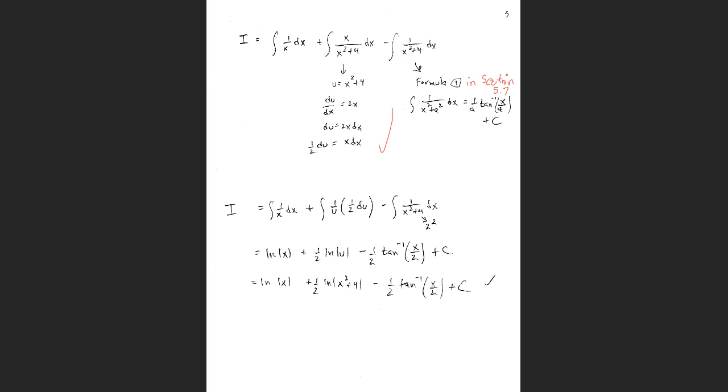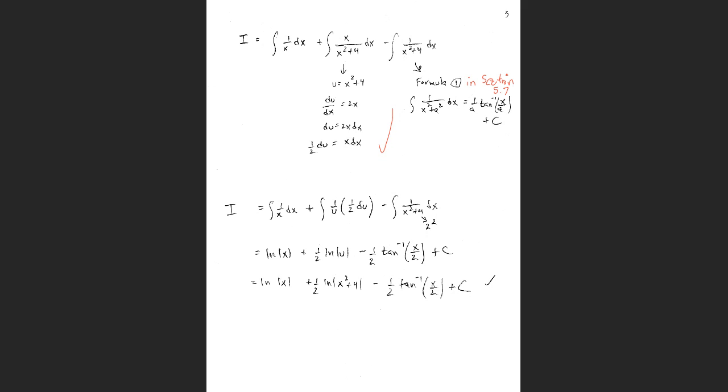It's formula 1. It's there in the book, if you look in your ebook, in section 5.7. That formula comes right before example 5 in the book, and it's actually example 5 that we're doing.